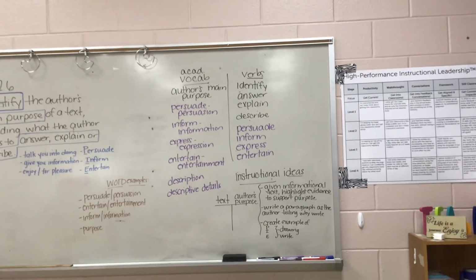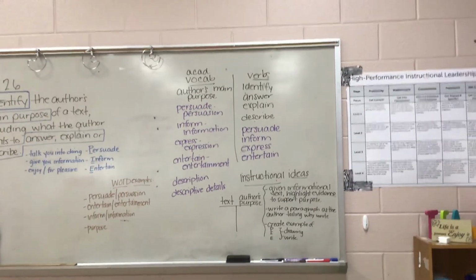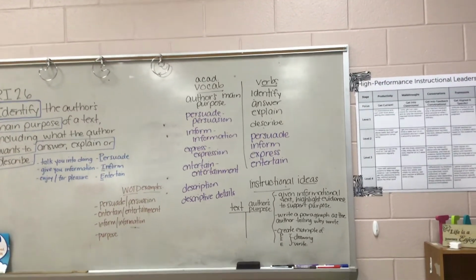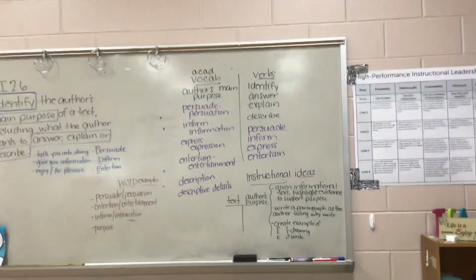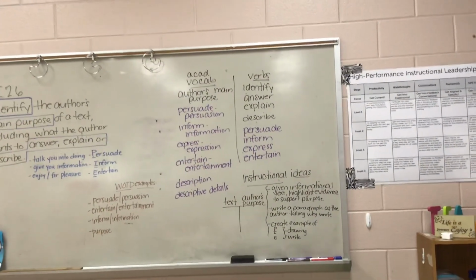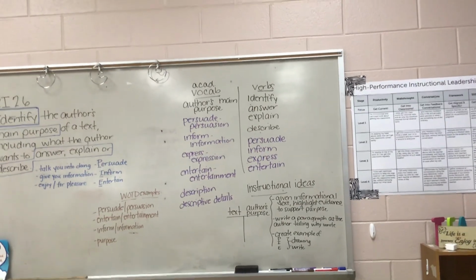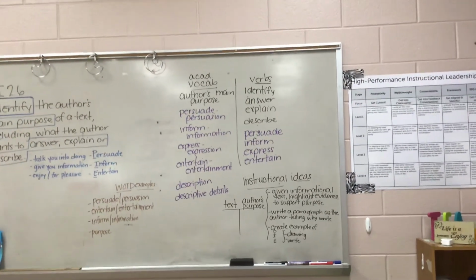And they could also do a combination of writing and drawing. If they drew a picture of a tiger and gave two sentences providing information about a tiger, then they have shown you that they understand what information is if they're able to do that and identify it as informational.